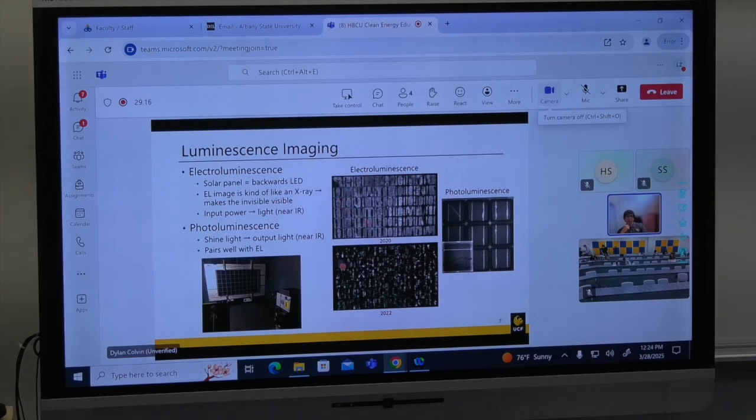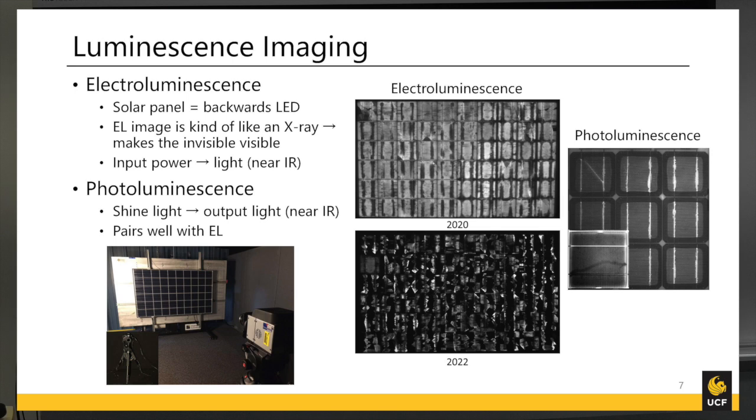You can see cracks in the cells. You can see just how damaged a shattered panel is. But if you look at it with a naked eye, it looks just fine. You can't see any of this just by looking at a panel. So I think of electroluminescence images, power in, light out, as kind of like an X-ray into your solar panel.